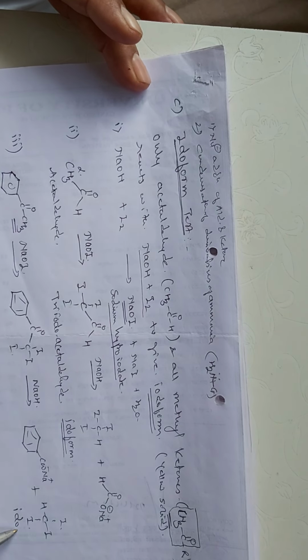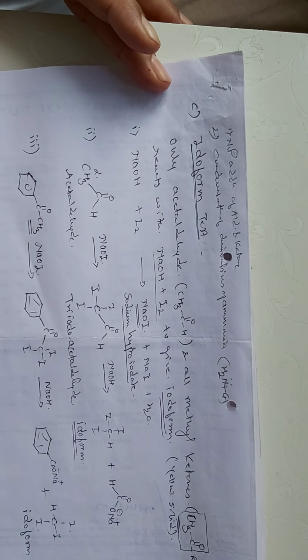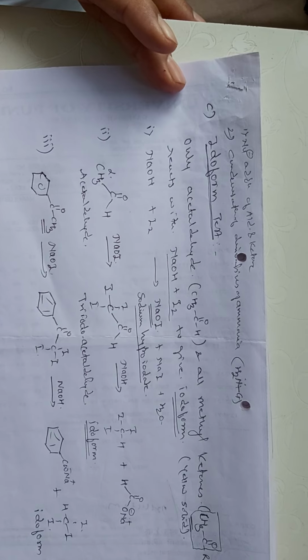This is the specific iodoform test. Which molecules will not show the iodoform test? Suppose CH3CH2CHO, that is propanaldehyde.